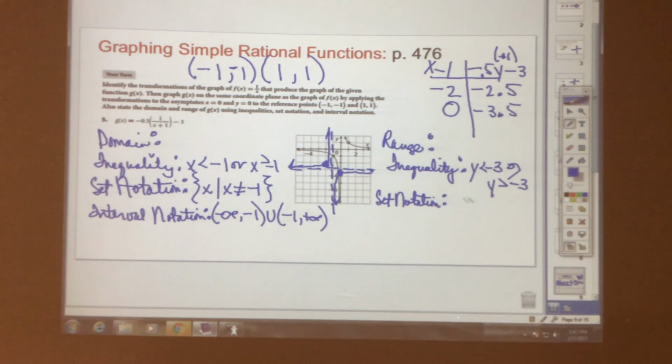Set notation. Braces y such that y does not equal -3.